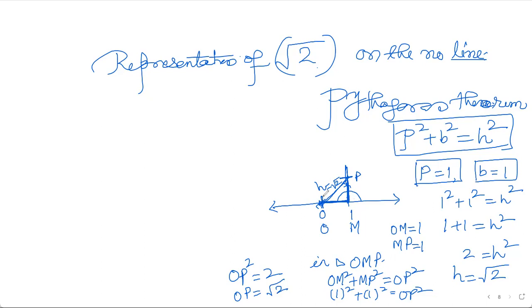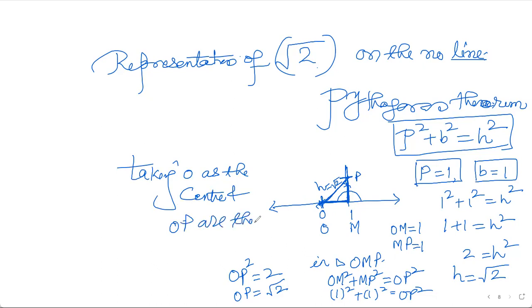Now take O as the center and OP as the radius. I'm mistaken, this is R, the radius, this is to be deleted.